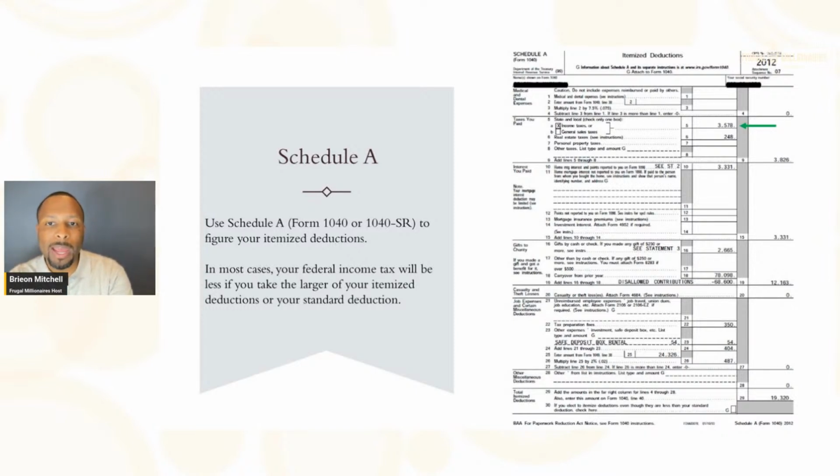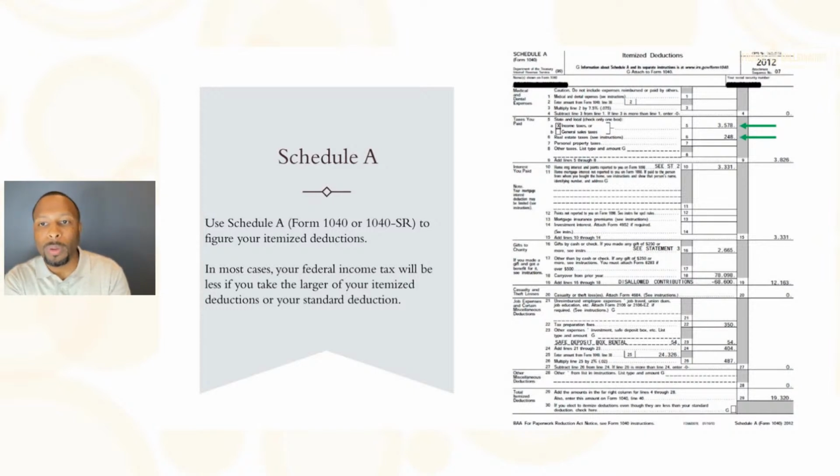Then we jump down to line 6, and it talks about real estate taxes. Quite naturally, real estate taxes are also able to be deducted. So here, where it says taxes that you paid, you see two categories: one for the state income tax of 3578, and the second for 248, which reflects those real estate taxes.